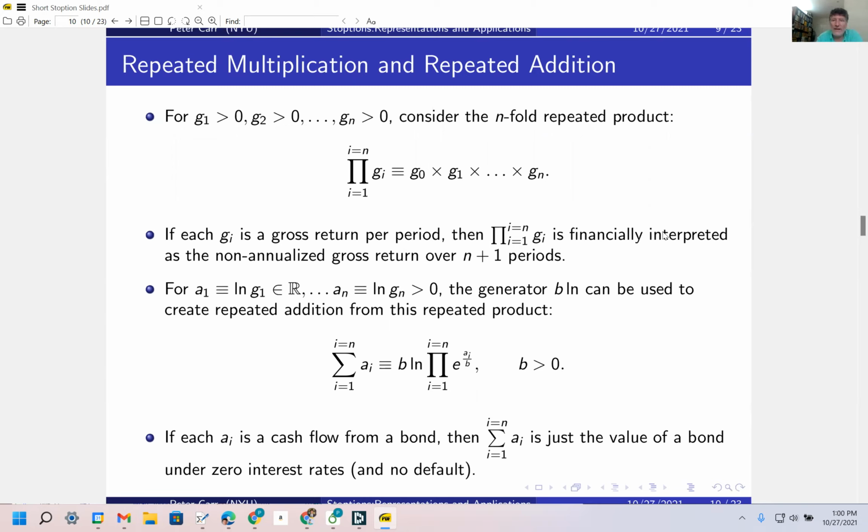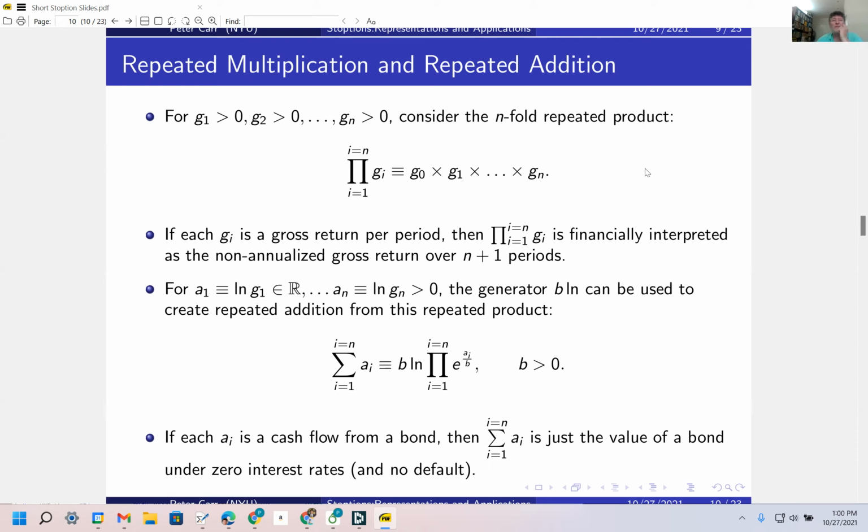And we can ask, well, what about repeatedly applying this binary operation? Before we do that, let's review repeated ordinary multiplication and repeated ordinary addition. So consider n positive reals. We can multiply them with each other and interpret the repeated multiplication financially.